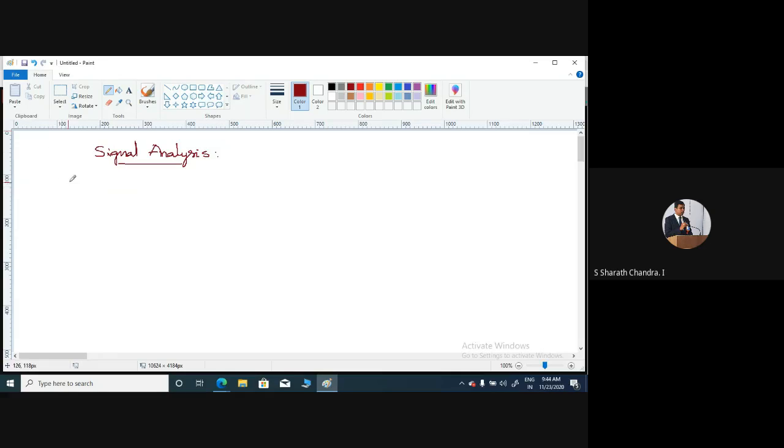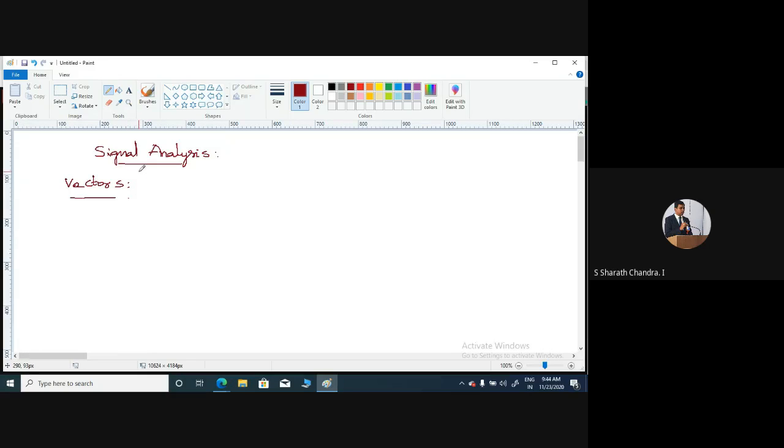We shall start with vectors. With this little introduction, now I would like to revise the knowledge that we have in vectors, and let us try to analyze it with respect to the signals.